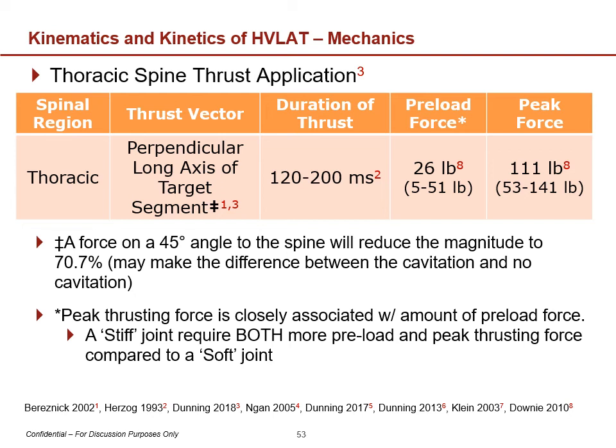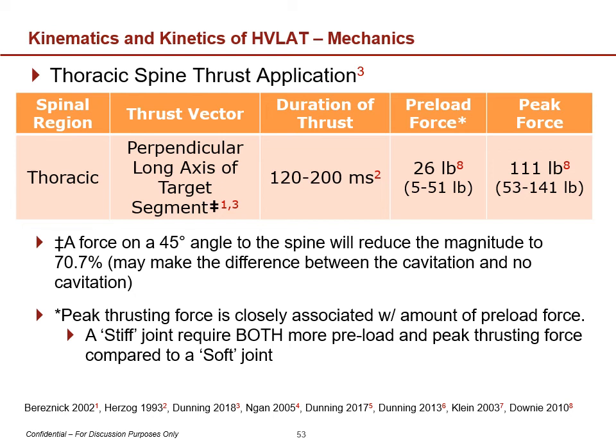The preload force is comparable to the force applied within the cervical spine, at 26 pounds of force. And then the peak force with the thoracic spine thrust is significantly higher at 111 pounds, with a range of 53 to 141. The peak thrusting force is closely associated with the amount of preload force.